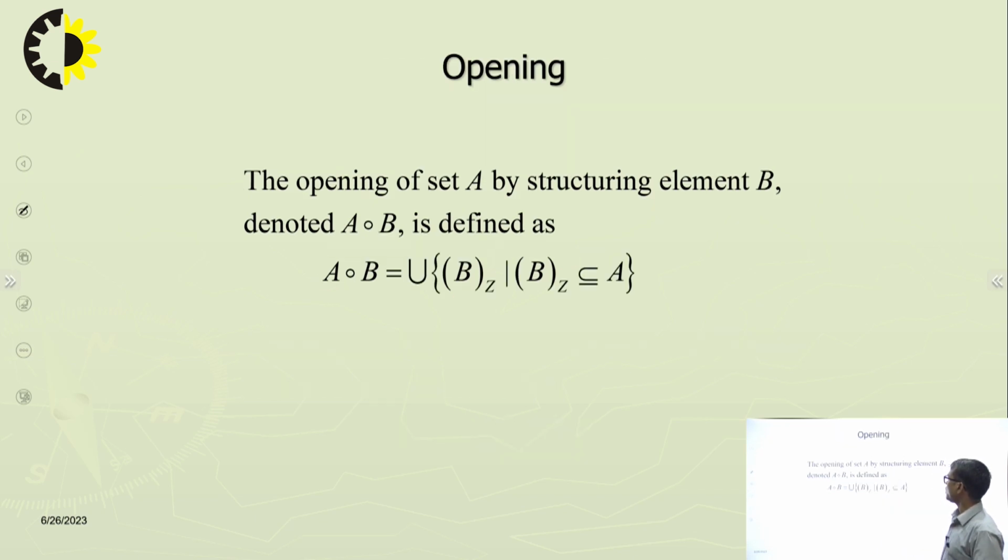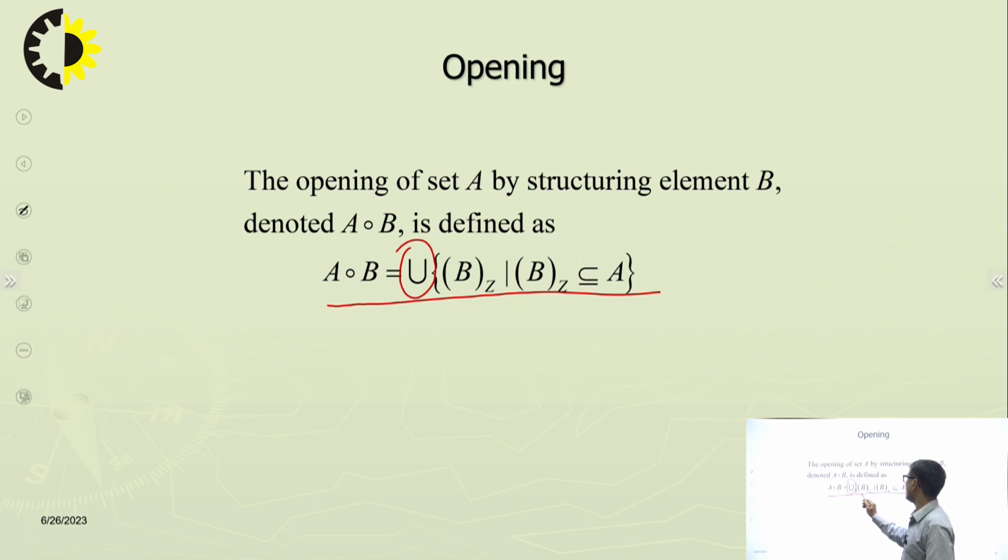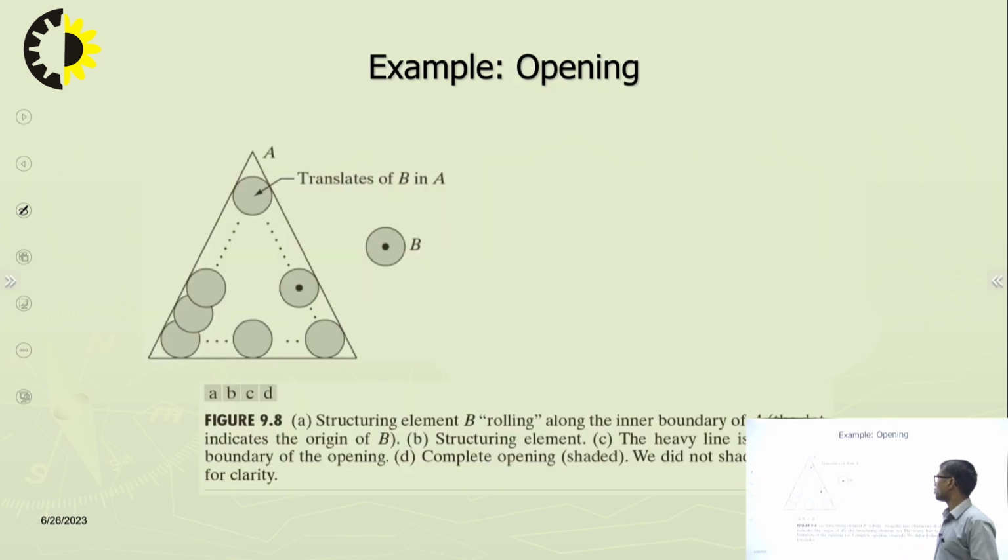Now the opening of set A by structural element B can also be represented by a mathematical formulation, that we are basically taking the union of all the structural elements Bz when translated, such that Bz when translated is a subset of A. We can see this with an example.